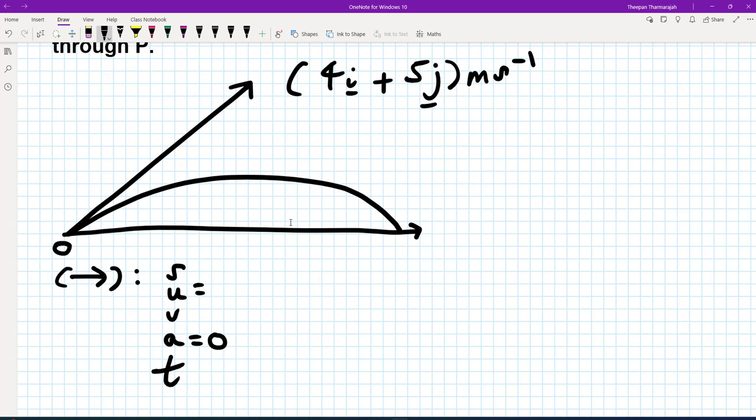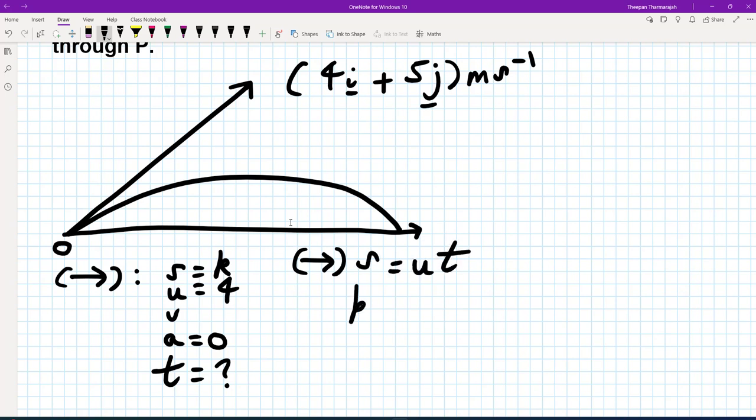We know that u is 4, because that's the component of i, and we know that s is k. Now what we need to know is the time of flight, so horizontally s is ut. Now k is going to be 4t, so therefore we can say t is k over 4.